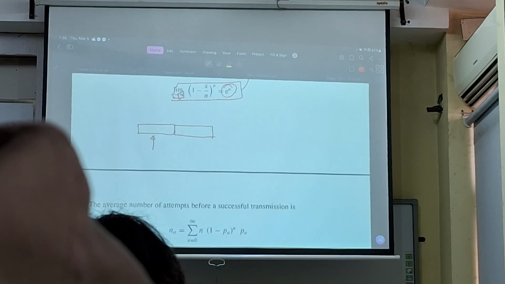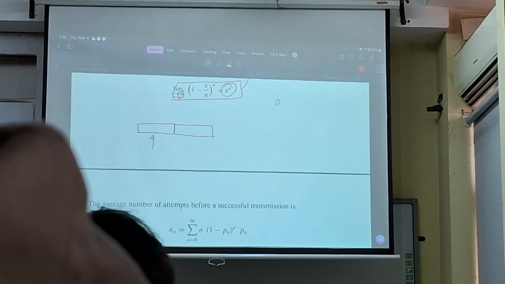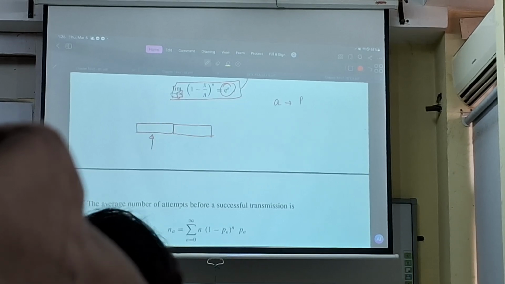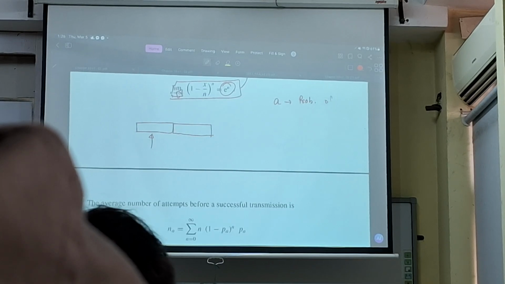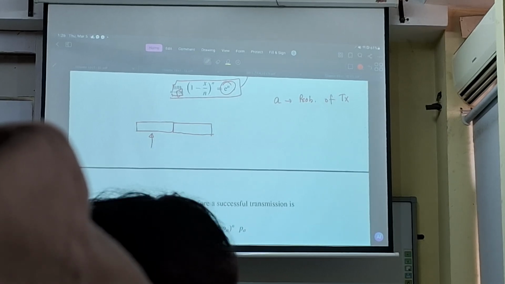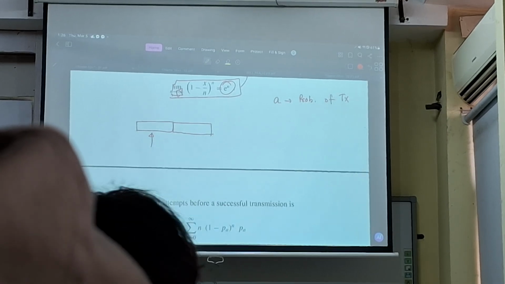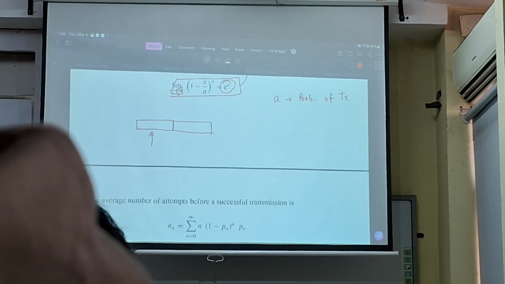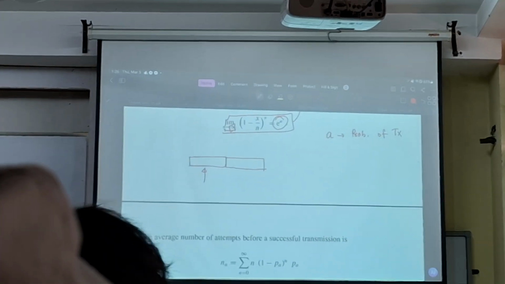That's why pure ALOHA assumes A is the probability of transmission. Now, when a frame is lost or corrupted, what happens? Two conditions are assumed.